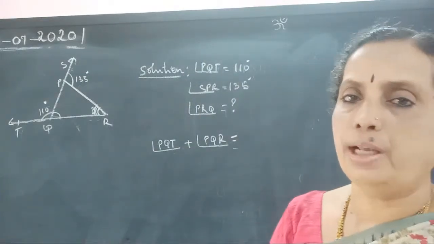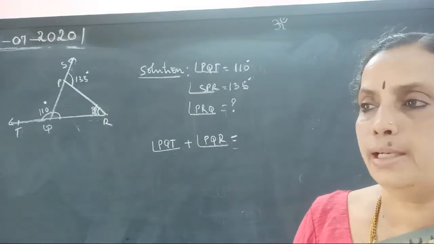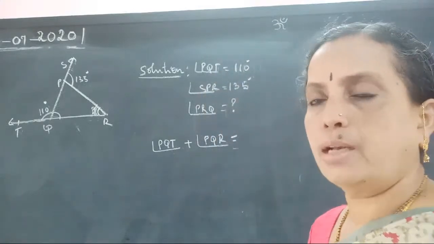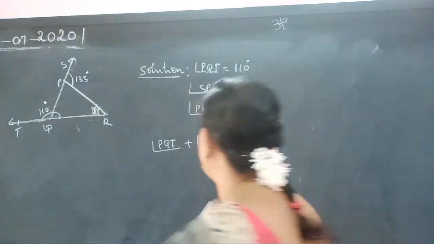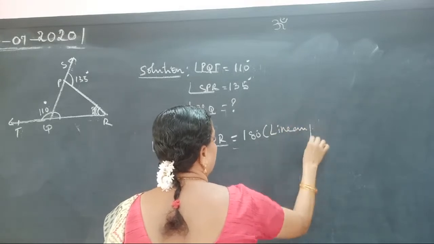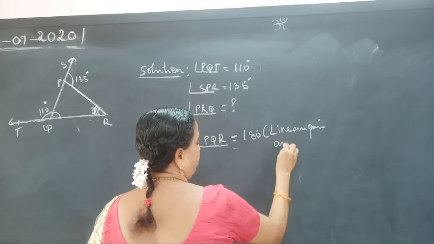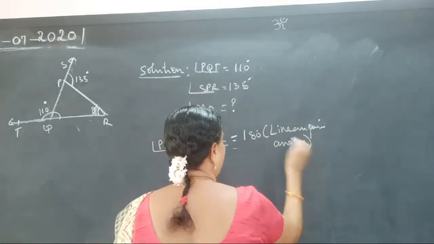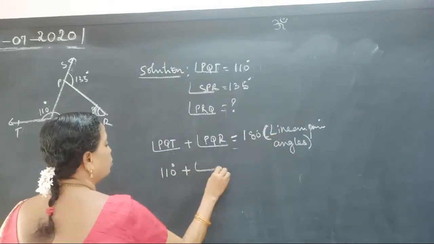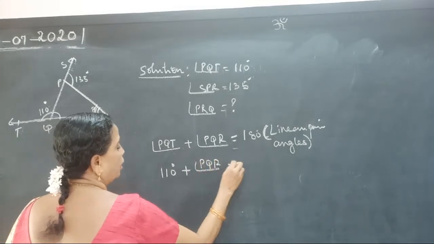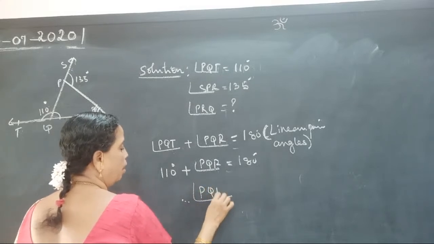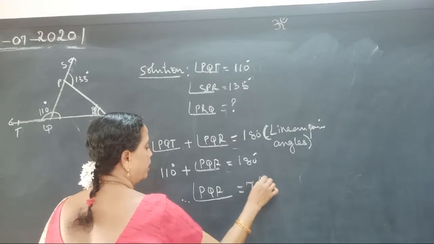Any letter missing, any different letter mentioned, check it, because now itself you can analyze what is right or wrong. PQT is 110 degree, PQR is not known, equals 180 degree. Therefore, angle PQR equals 70 degree.